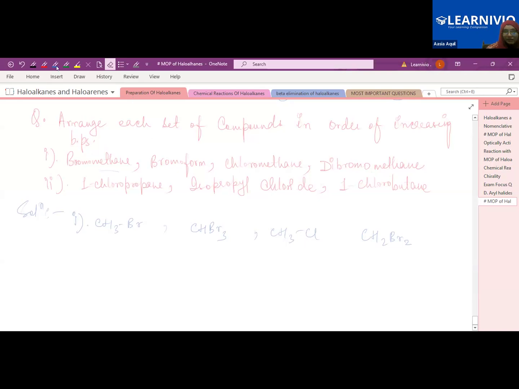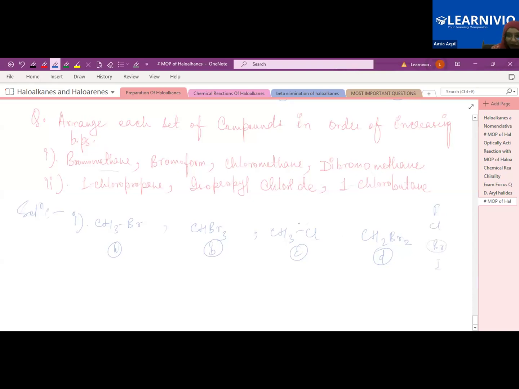Now see, suppose these are A, B, C, D. In three options, A, B, and D, there are bromine atoms, and in the C part there is chlorine. You know very well the sequence fluorine, chlorine, bromine, iodine. So bromine has more mass than chlorine.